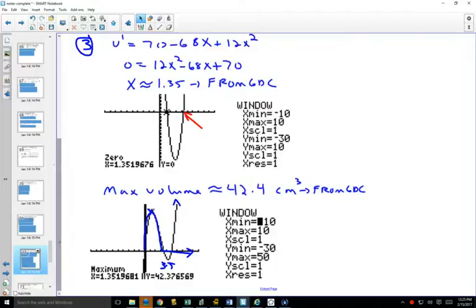So there are both ways using your graphing calculator. One, finding the x using your derivative and setting your derivative equal to 0. Other, finding your x by using your actual maximum of your original function. Both of them give you a volume of 42.4 centimeters cubed from your calculator.